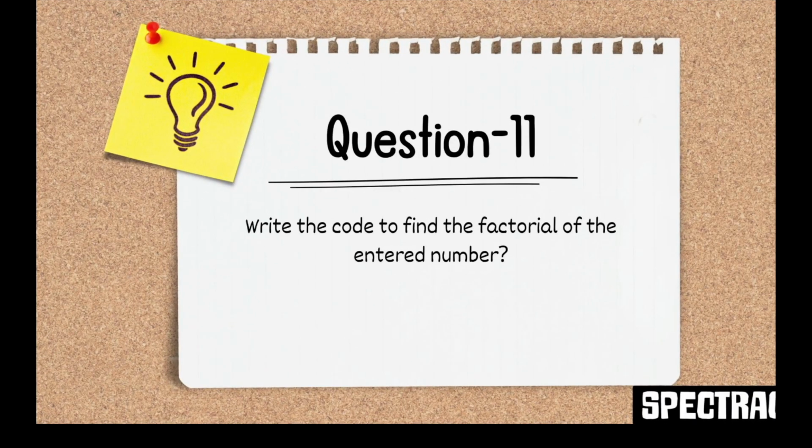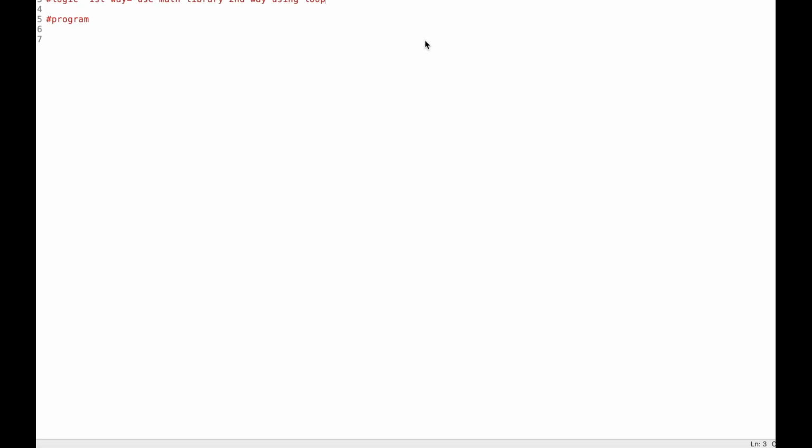Write the code to find the factorial of the entered number. There are two ways in which we can do this. We can use either the math module, which is a built-in library in Python, or we can use a for loop to find the factorial of the number given. So first let us get input. Import math, num equal to int, enter number.